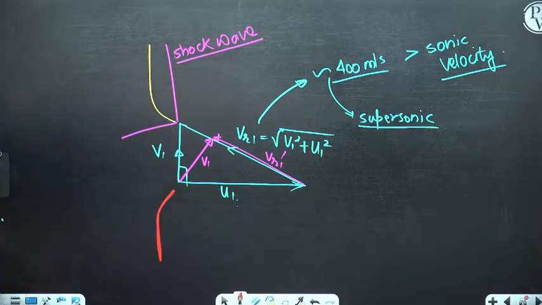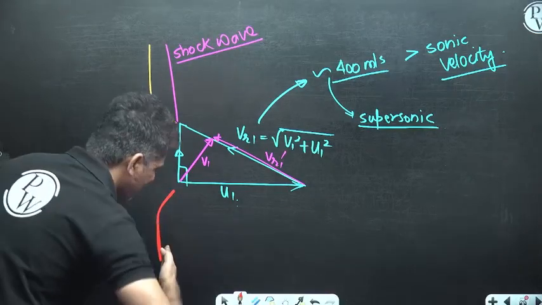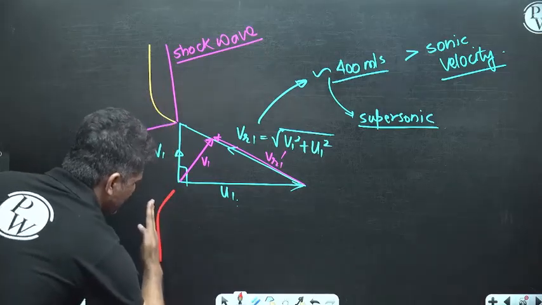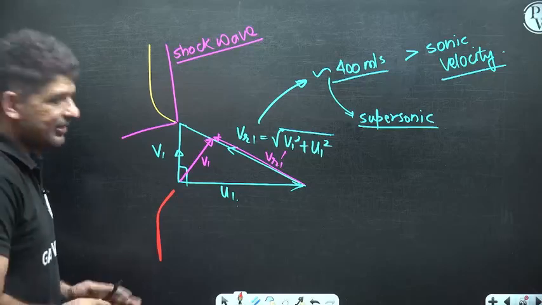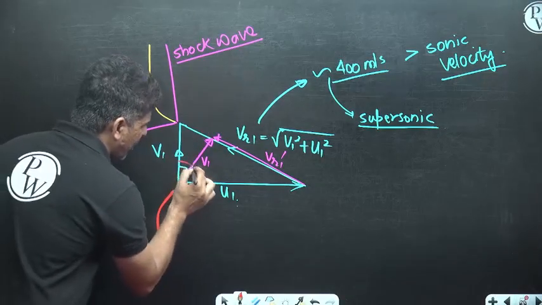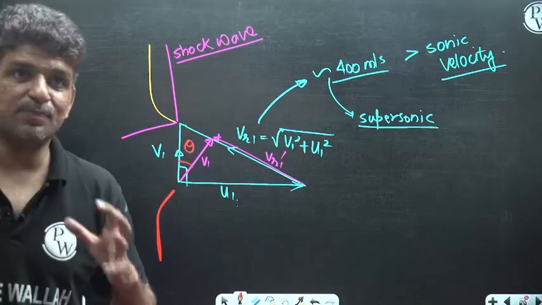So what happens is the flow that is coming straight like this, first it will be tilted upward. So it will be tilted in the radial direction. And when it is going in the radial direction, that flow is tilted by a certain angle. And this is called pre-whirl.